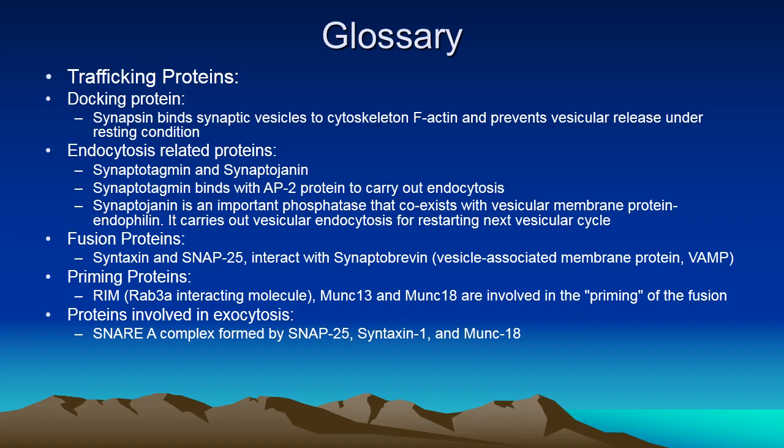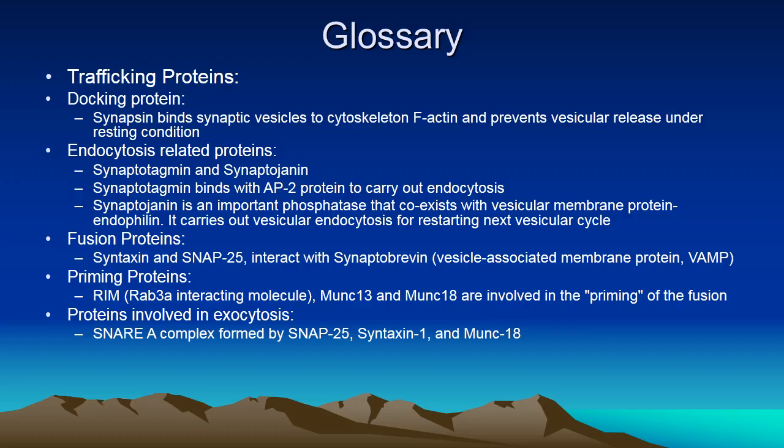For example, endocytosis is mediated by involvement of several proteins, synaptotagmin and synaptojanin. Synaptotagmin binds with AP2 protein to carry out endocytosis, and synaptojanin is an important protein having phosphatase activity, and that coexists with the vesicular membrane protein endophilin, and the main function is to carry out vesicular endocytosis for restarting the next cycle.